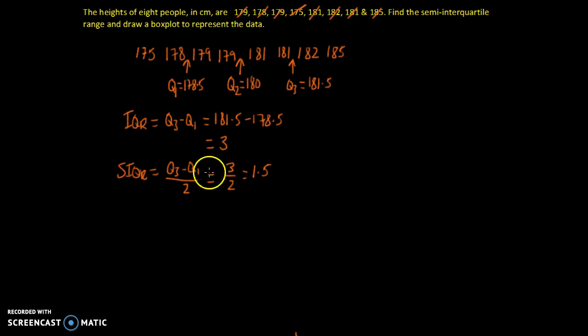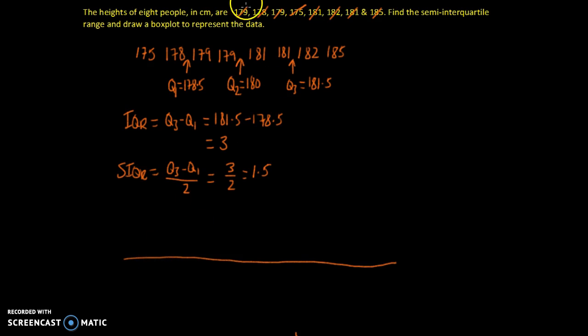Now one other thing we're asked to do is to draw a box plot to represent this data of heights. And most people tend to find looking at diagrams a bit of an easier way to interpret statistics. And a box plot is another one of those. So I'm going to draw you a rough box plot here to give you an idea of what it's going to look like. So it's meant to be a straight line, and this is going to be the scale.